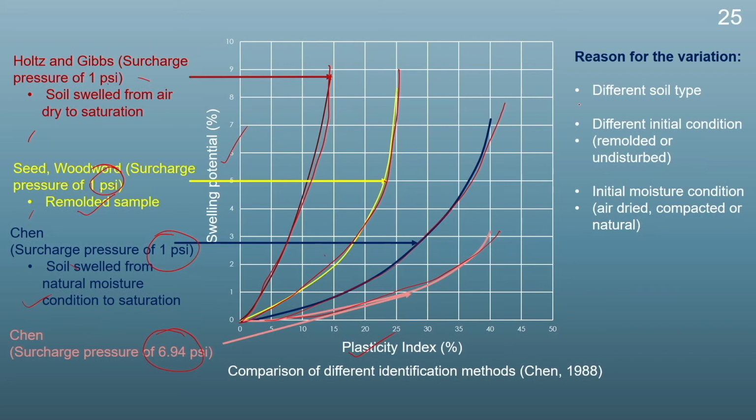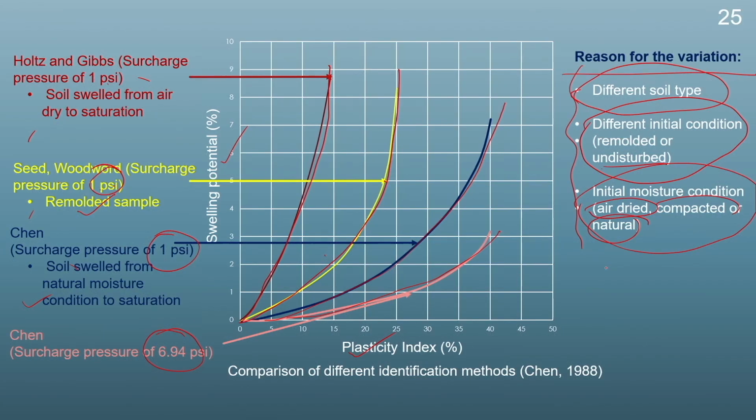So, here you can see the probable reasons for this variation: different types of soils were used, and different initial conditions were used. Initial condition means whether it is remolded or undisturbed. Initial moisture conditions were different, like whether it is wet, air dried, compacted or natural. So, depending on all these variations, the results and the classifications were also different.